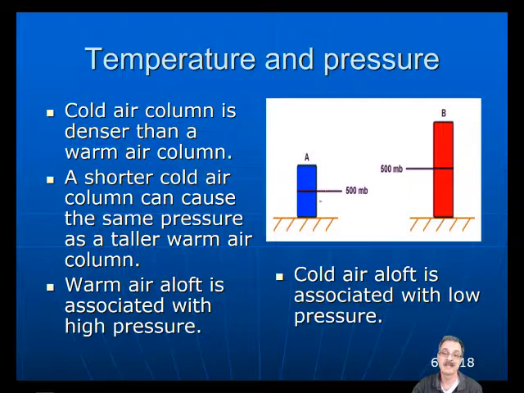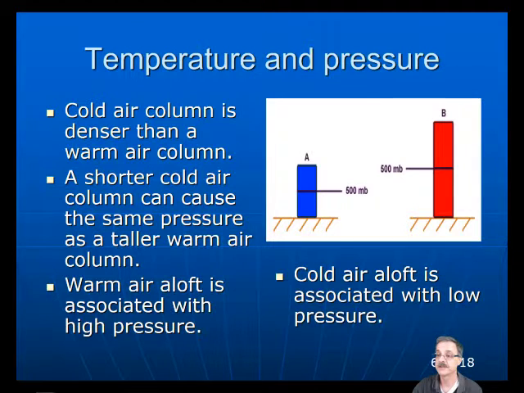But you don't have to go as high in the cold air column to get to 500 millibars as you would in a warm air column. So the way they refer to this is that warm air aloft is associated with high pressure, and cold air aloft is associated with low pressure.